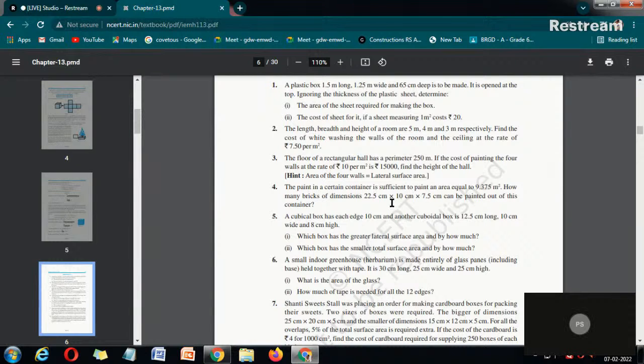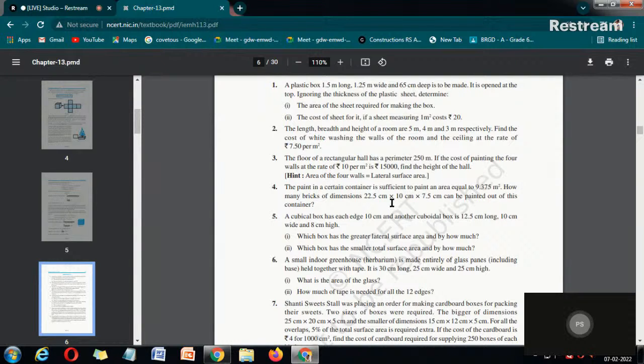Then you get 360 centimeter square. Clear? Then here you can see the cube has more lateral surface area compared to the cuboid by 40. Okay, going with the second one.